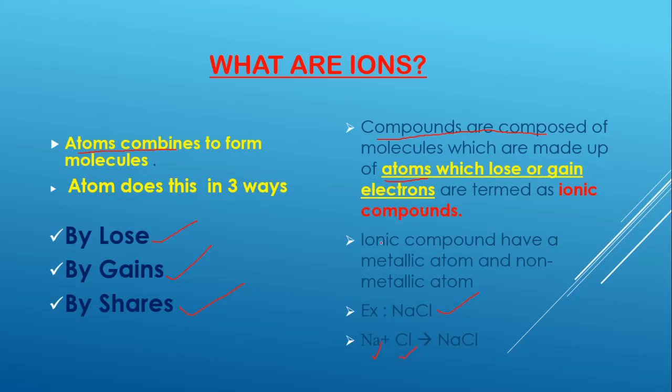That means whenever ionic compounds are formed, they have a metallic atom, here sodium, and a non-metallic atom, here chlorine. So an ionic compound is formed by a combination of a metallic atom and a non-metallic atom. Here the metallic atom is sodium and the non-metallic atom is chlorine.